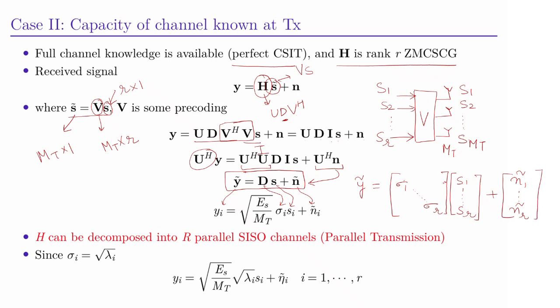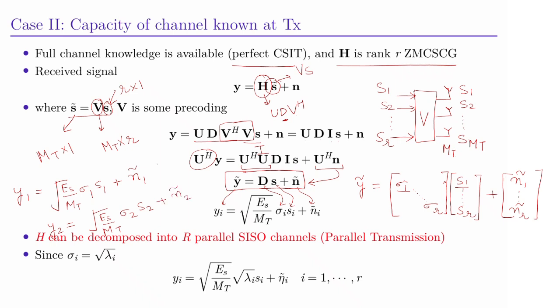So when you multiply this, what will you get? You will get sigma 1 S1. So you get Y1 is equal to root Es by Mt sigma 1 S1 plus N1 tilde. Similarly, you will get Y2 is equal to root Es by Mt sigma 2 S2 plus N2 tilde.